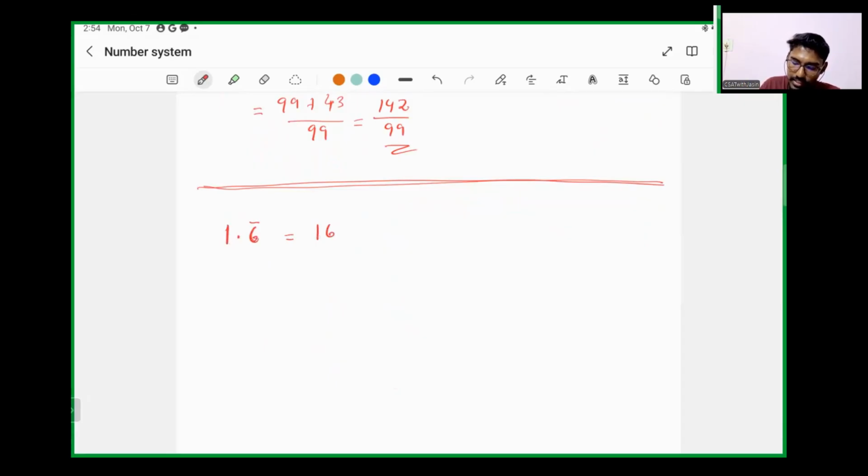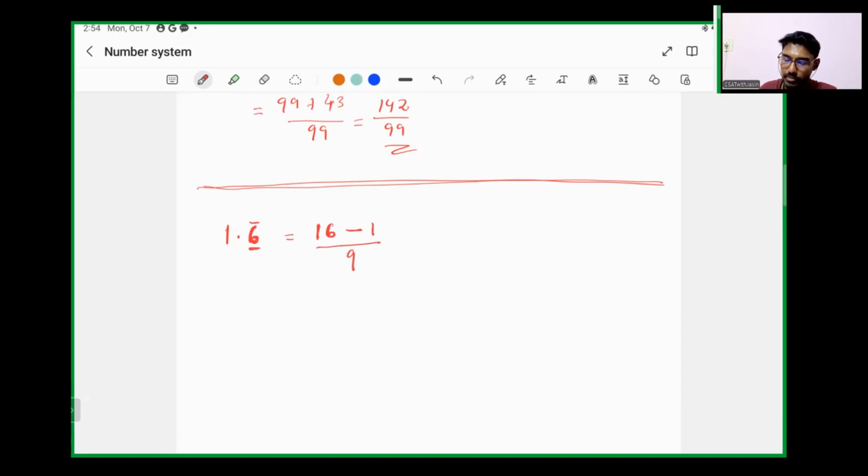You have 1 and 6. You write it together, 16. Now you put a minus. Okay. Then you write the digits which are not repeating. Here 6 is repeating. Not repeating is only 1. So you write 1, divided by, here only 1 digit is repeating. So you put 9.